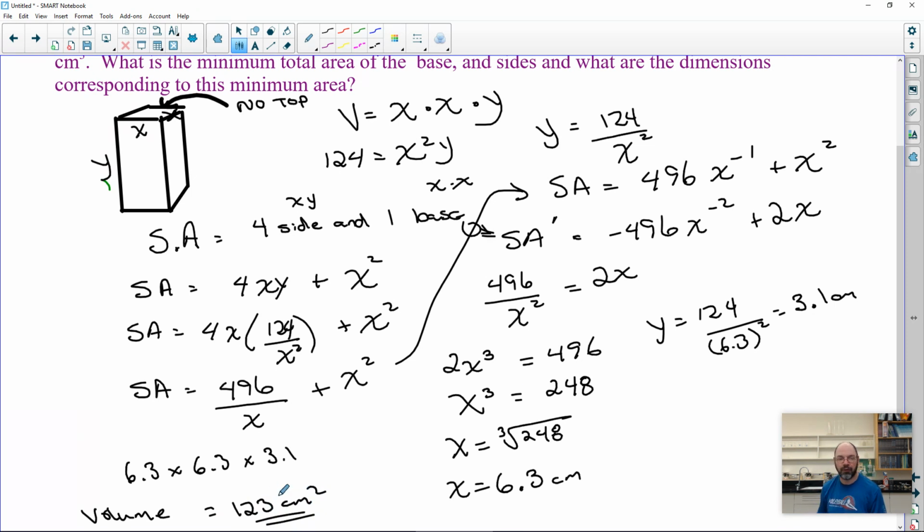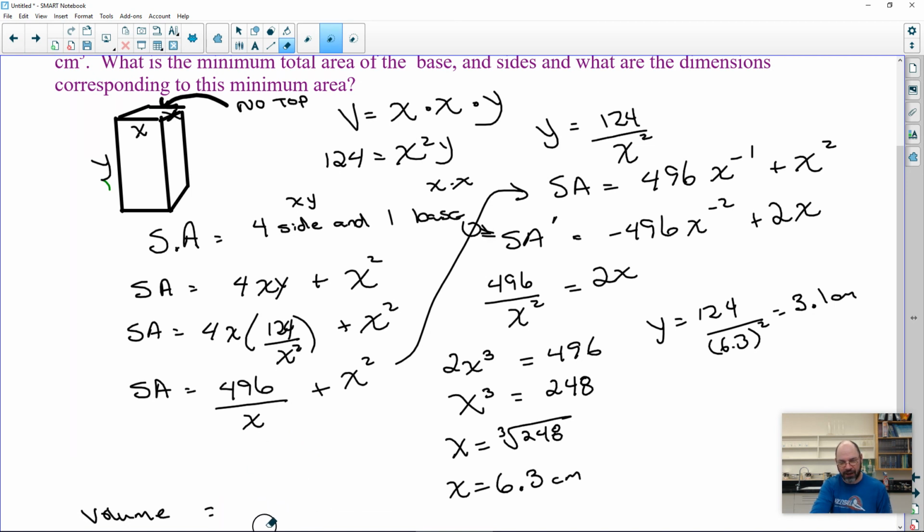Okay, so what are the dimensions corresponding to this minimum area? Actually, we know what the volume is. It's supposed to be 124, right? So we were off by a little bit of rounding. Sorry, we're supposed to put surface area down here. My mistake. We already know what the volume was. It's asking us what the surface area is.